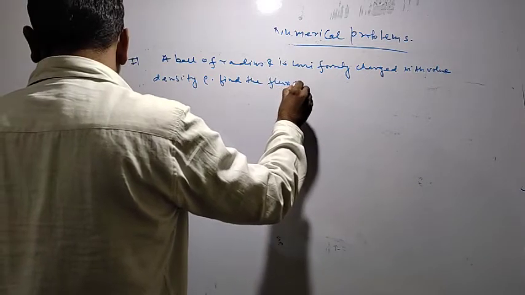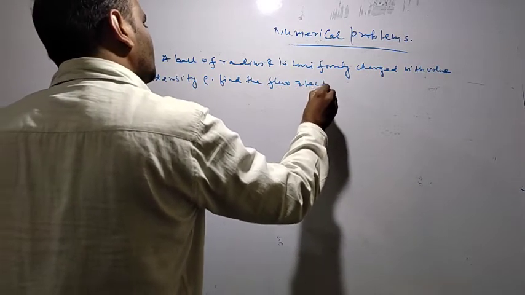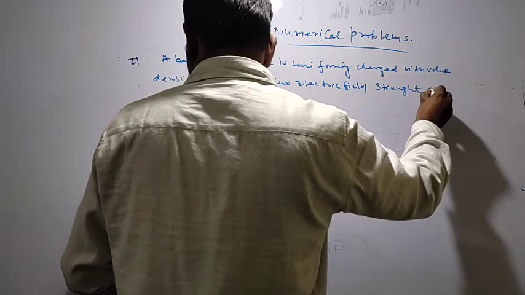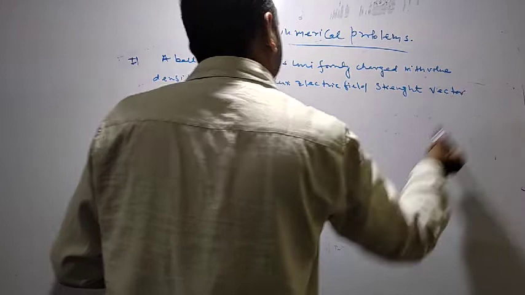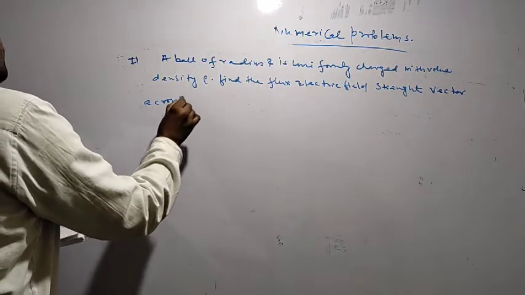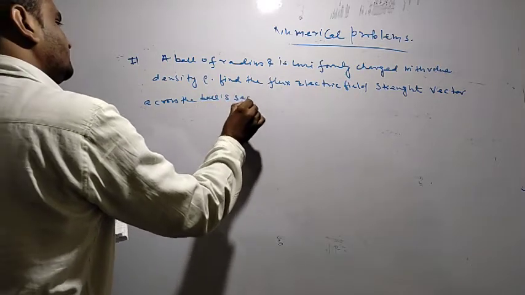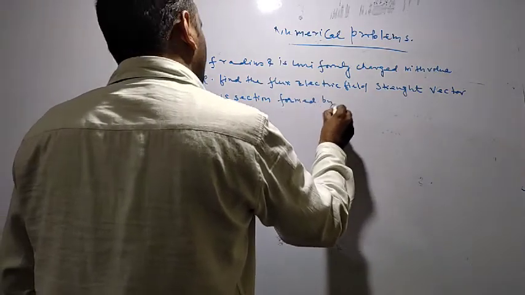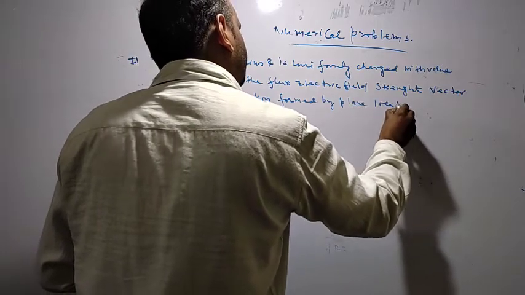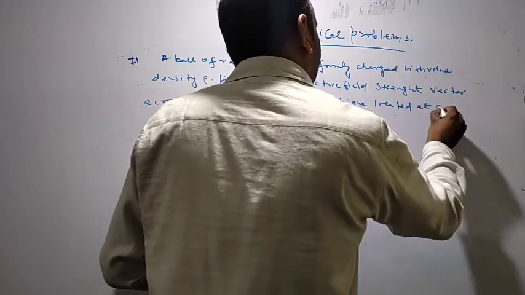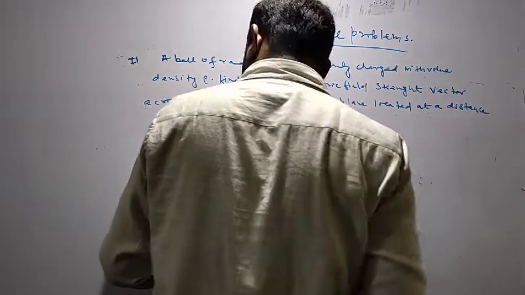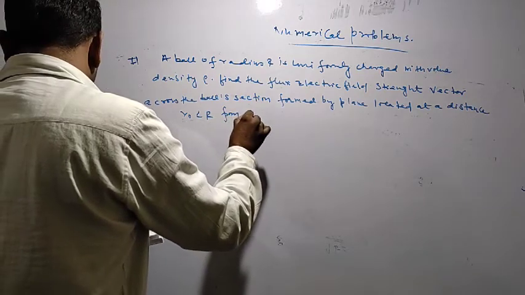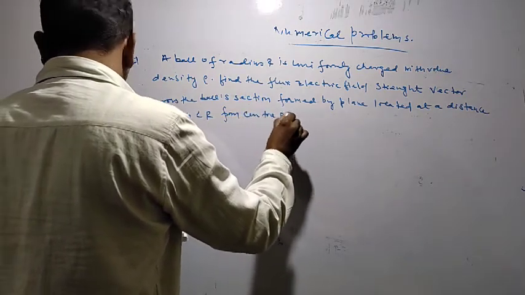Find the flux of the electric field strength vector across the ball's section formed by a plane located at a distance R naught from the center of the ball.